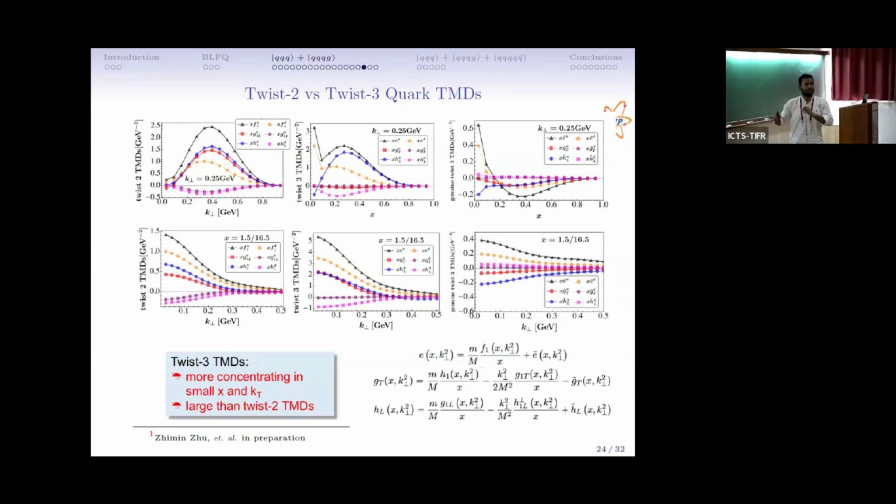Maybe you can compare it to some Wandzura-Wilczek-like results. Are you strongly violating any Wandzura-Wilczek relation? For this case, you don't have this H term, right? And we have this result. If you know this f1 is comparable, then of course this e(x) or other higher-twist TMDs will be comparable. And our result is consistent.